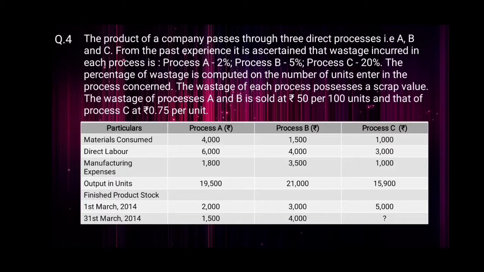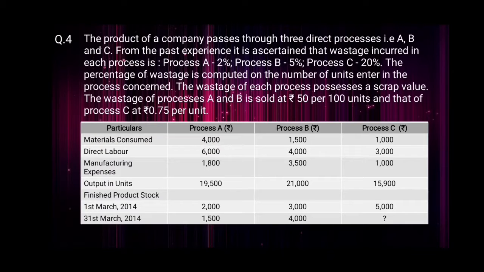The percentage of wastage is computed on the number of units entered in the process concerned. The wastage of each process possesses a scrap value. The wastage of process A and B is sold at rupees 50 per 100 units and that of process C at rupees 0.75 per unit.